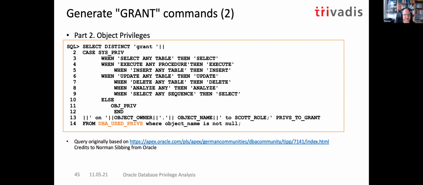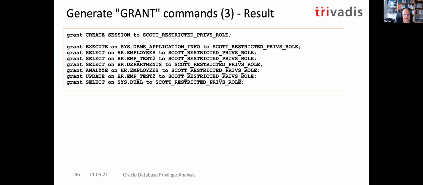This is a CASE statement to filter all these ANY privileges, which are not really secure, to make them specific grants to the tables, sequences, etc. The results look like this.